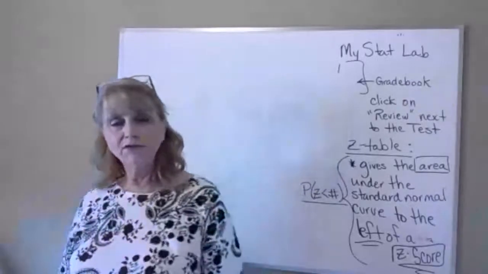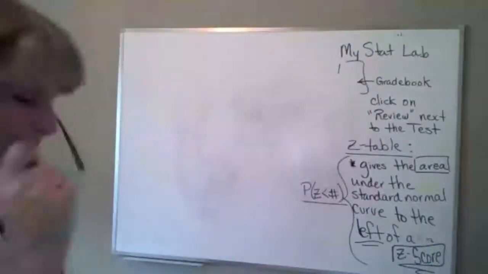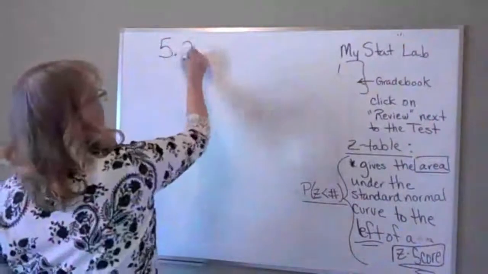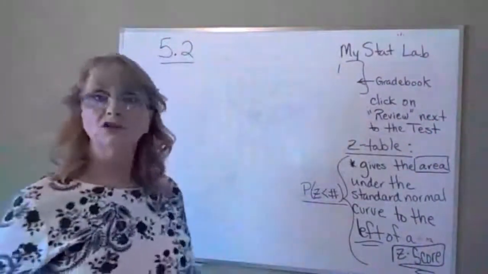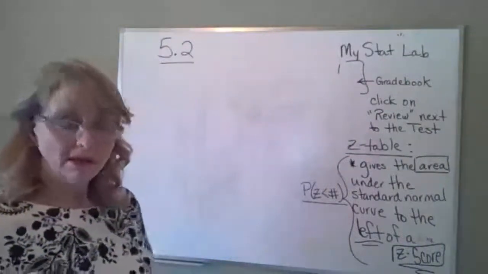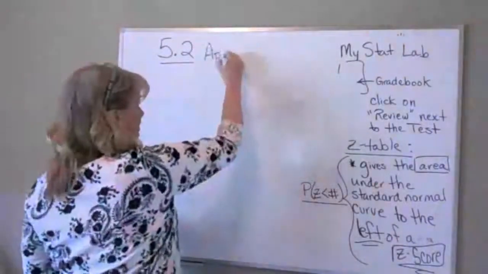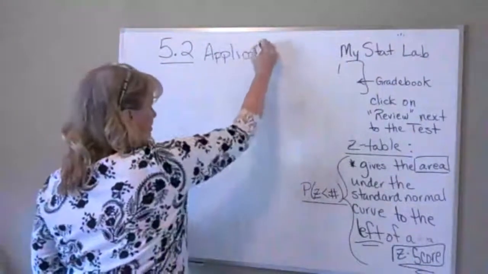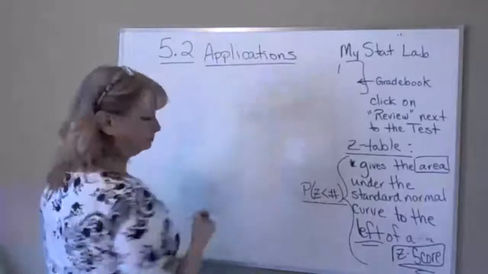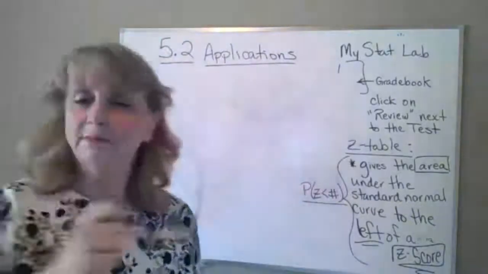So I have a few problems that we're going to work. So let me pull up the first one. So 5.2 is really just more. We're going to apply the normal distribution. These are applications of the normal distribution. So let me see.